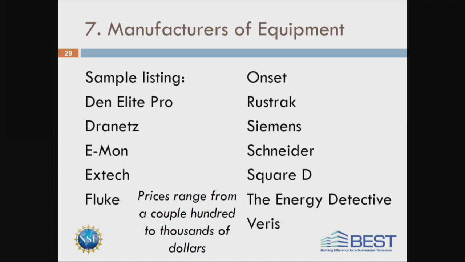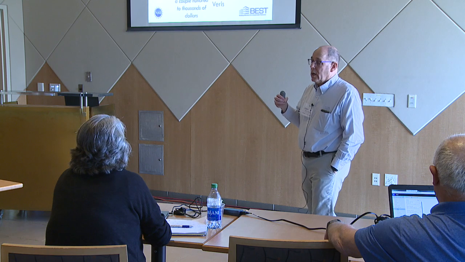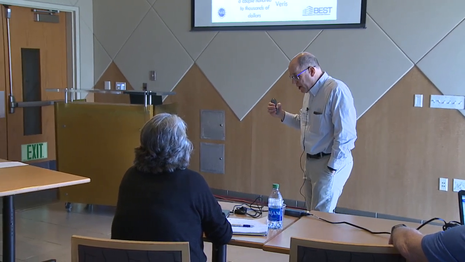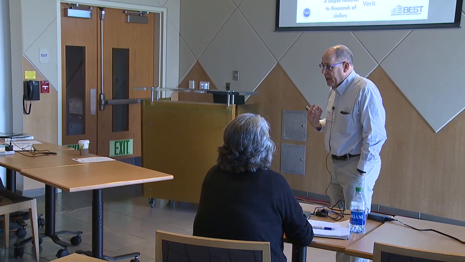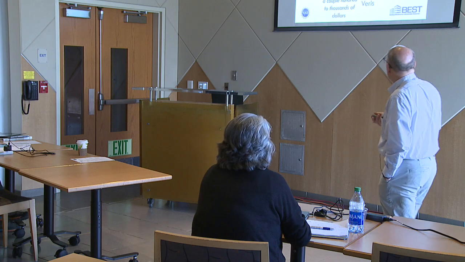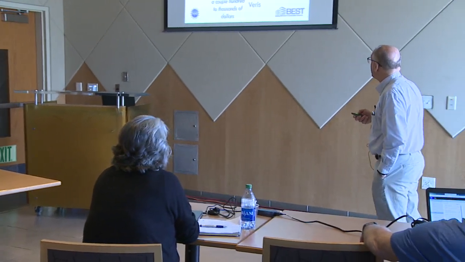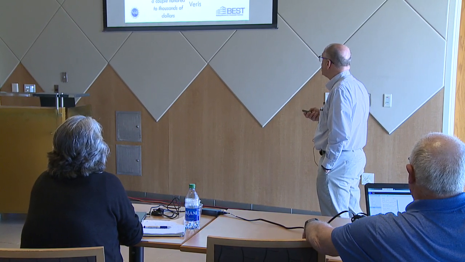And Veris, there's a Veris monitor in the lab. You'll take a look at that. Hadley will be talking about it. We have them in our building for monitoring the addition's electrical use, and I just have not been happy with them. I've never felt comfortable with the readings I was getting. So I think you might find some information on that too from what Hadley's seeing.